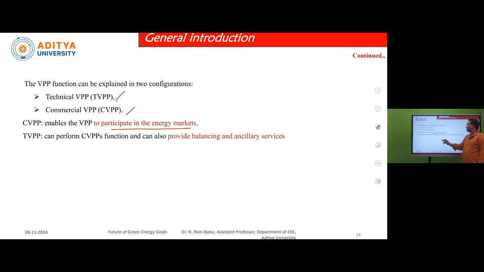That means this CVPP deals with energy market biddings. And the technical VPP performs the operations of the CVPP, that is participation in energy markets, and it also provides balancing with ancillary resources.